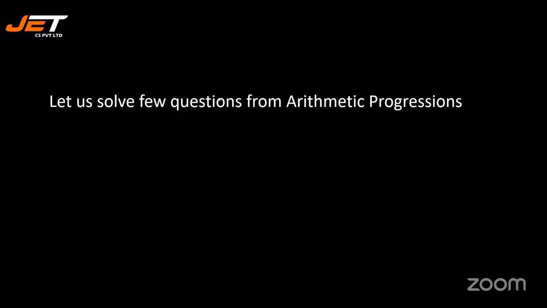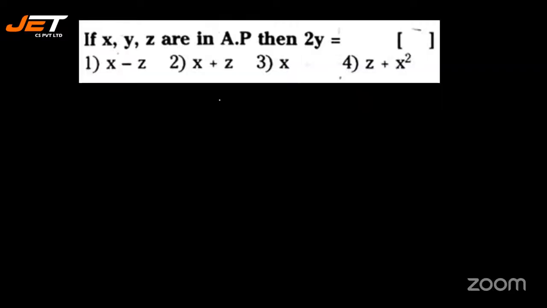Let us solve few questions from arithmetic progression. If x, y, z are in AP, then what is 2y? So we know what is D. A, A plus D, A plus 2D, and so on. So the common difference is T2 minus T1, isn't it? So here y minus x, right?